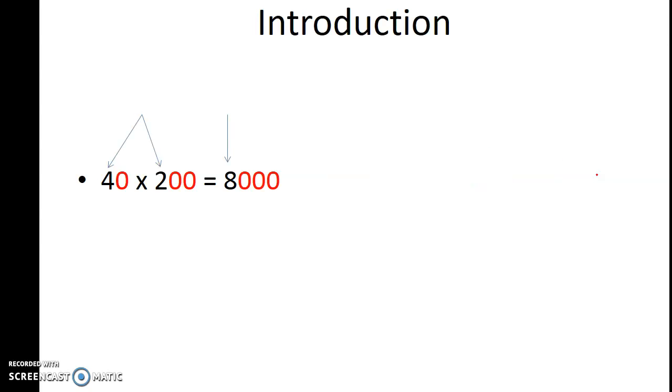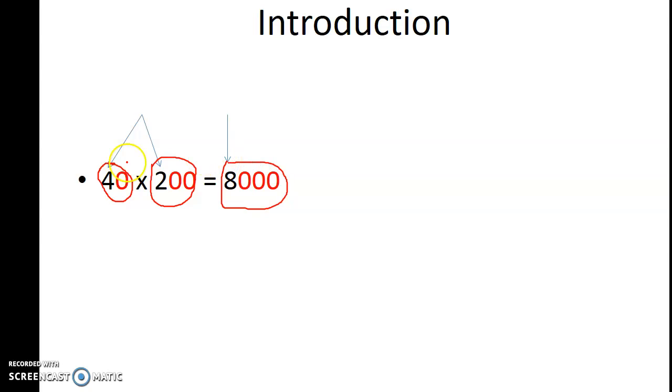Let's revise now. How do we multiply these numbers? For example, how do we multiply 40 by 200? And what can we say about these two numbers here, 40 and 200? What can we say about the answer?